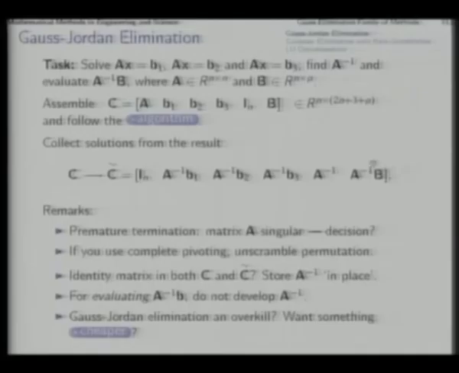All the expressions that we needed to evaluate will be sitting here in the rest of the columns. Now, when there is a premature termination, that will mean that matrix A is singular, and then you can decide what you want to do. The outline that I just made is for partial pivoting.